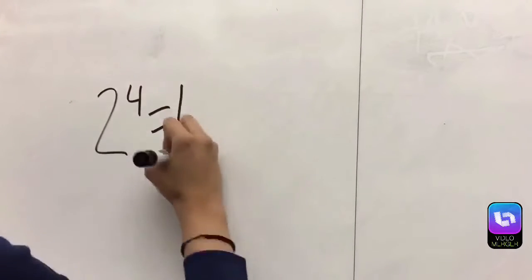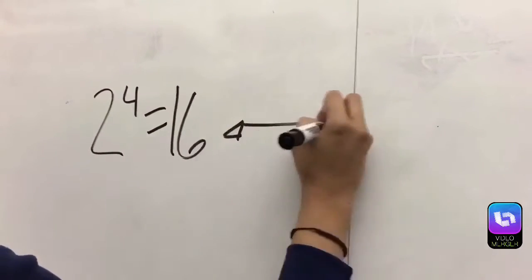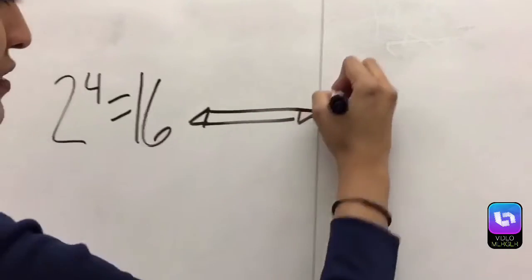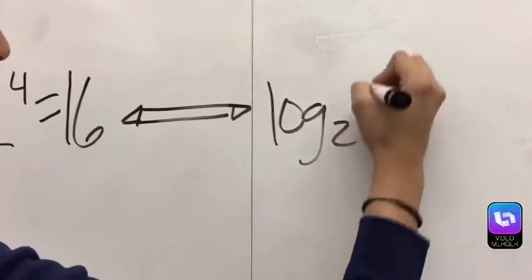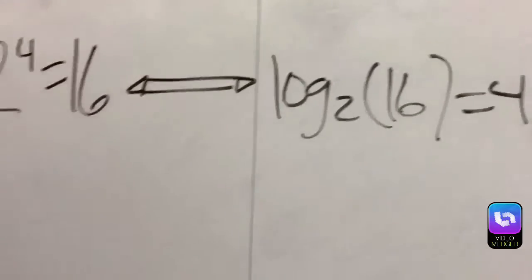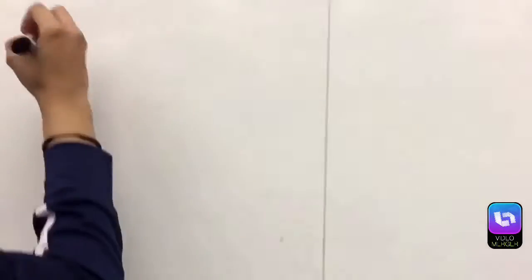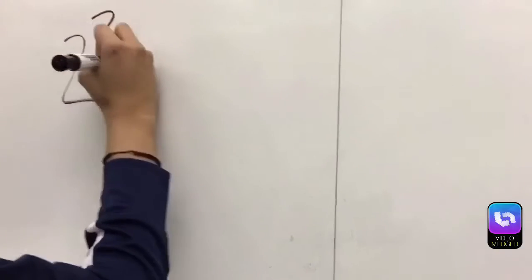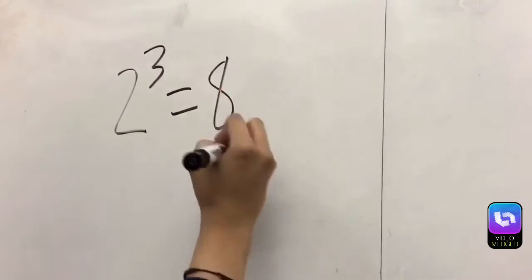2 to the 4th power equals 16. And this is equivalent to the logarithmic equation of log base 2 of 16 equals 4. Here is an example. 2 to the 3rd power equals 8.